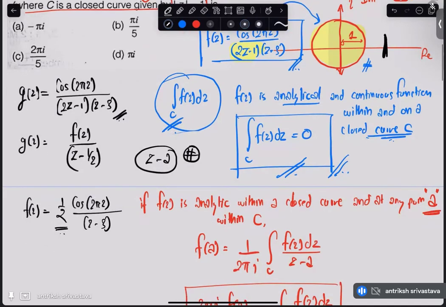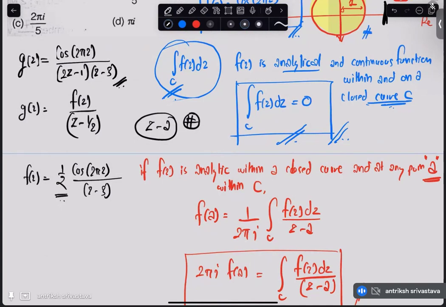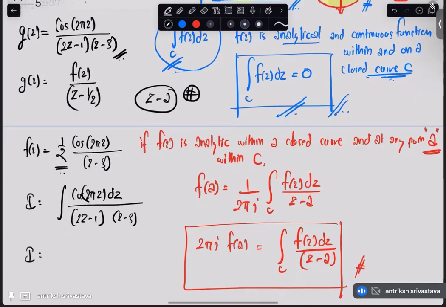So when this is true, our integration, cos of 2 pi z dz over (2z minus 1)(z minus 3), will be transformed into 1 by 2 cos of 2 pi z dz over (z minus 1 by 2)(z minus 3).